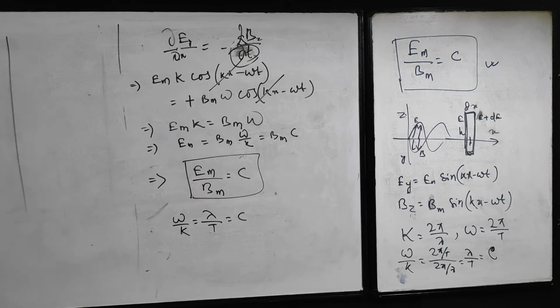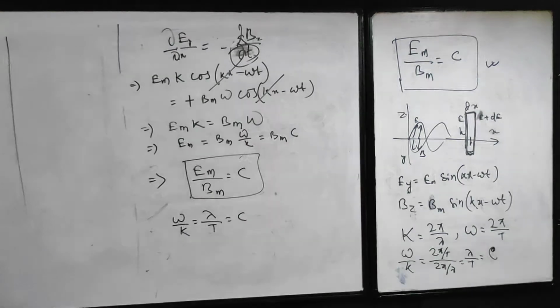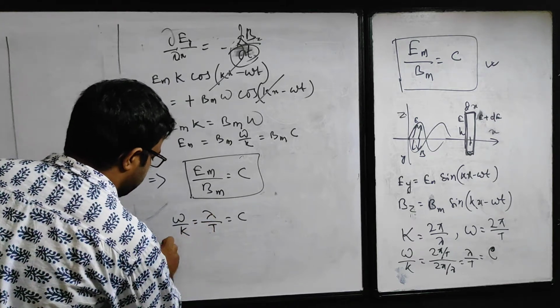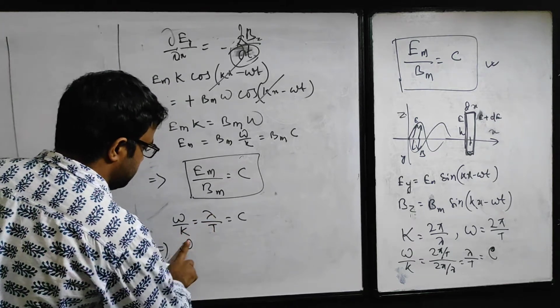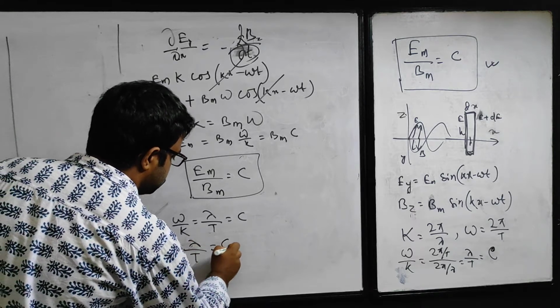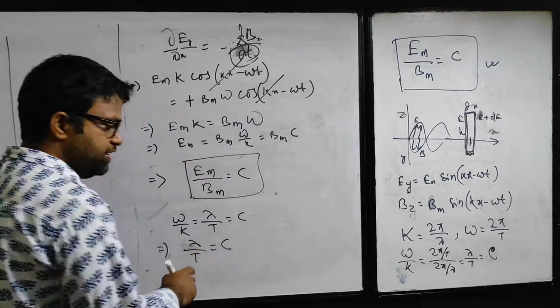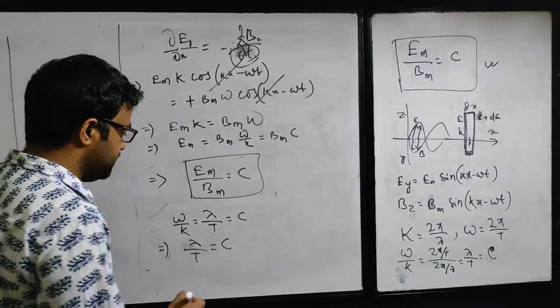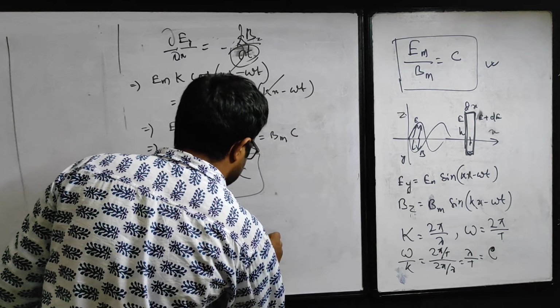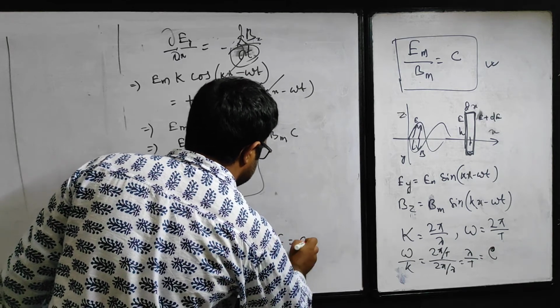Omega by k is C, and also you can say lambda by T equal to C, and 1 upon T is frequency, right? 1 upon time period is frequency, so you can say lambda f equal to C also.